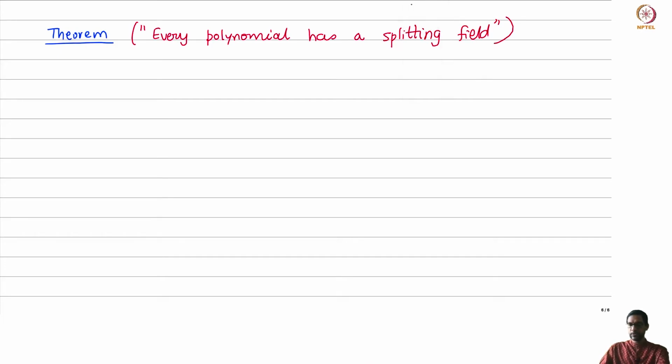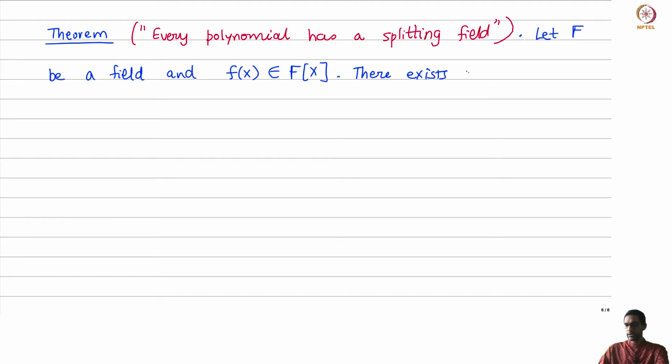Okay, that's in words, but let me make that a bit more formal. So let F be a field and let f(x) be a polynomial, and there exists an extension K of F which is a splitting field of f.